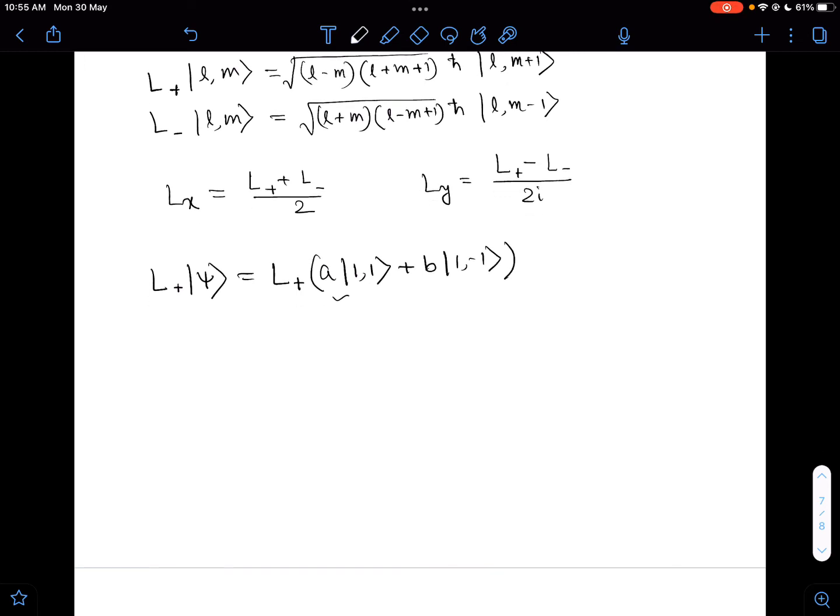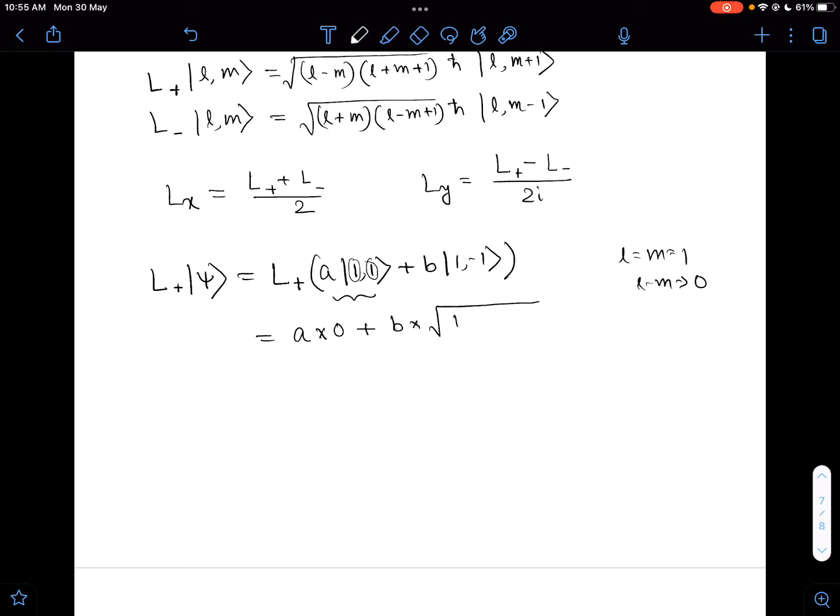For this state we have A times root of (L minus m). Since L and m both are 1, we have L minus m to be 0. That is why the first term will be 0. For the second term we will have L value 1 and m value minus 1.